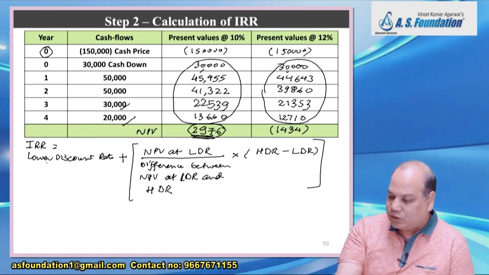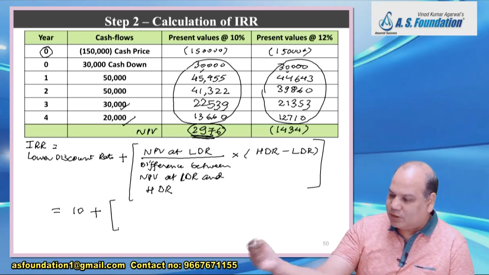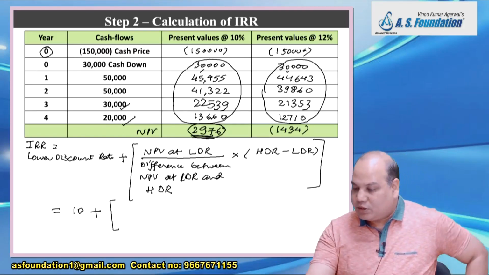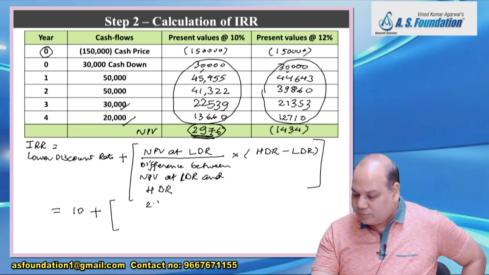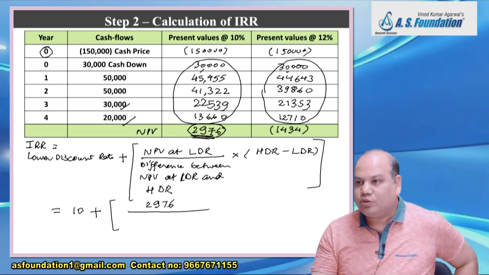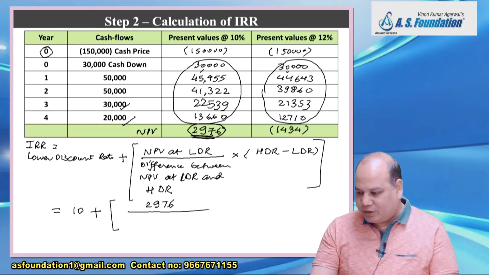Now you try. Lower discount rate is 10 plus, just write 10. Percent sign I will add after getting the final answer. Plus NPV at lower discount rate is 2976. Now see the difference between the two IRR. Wait.